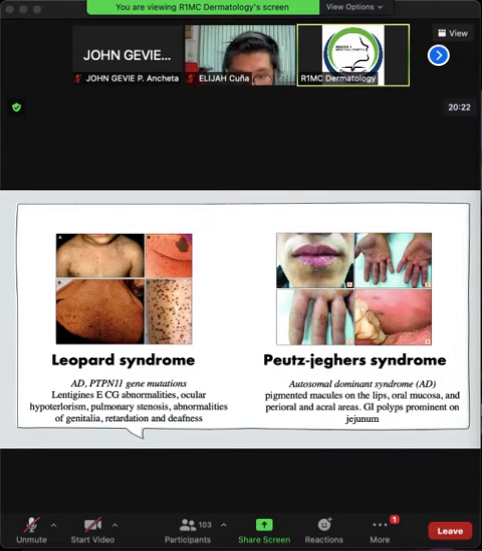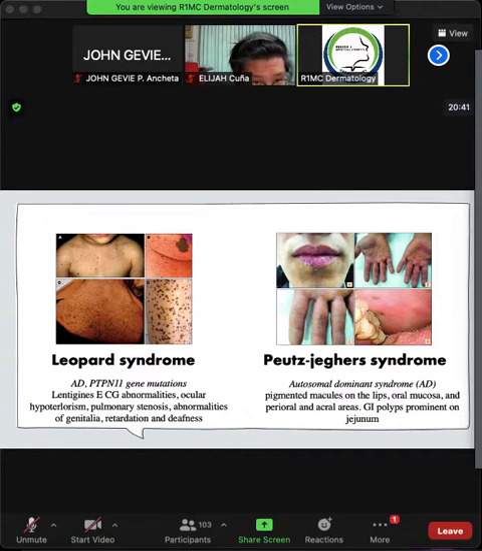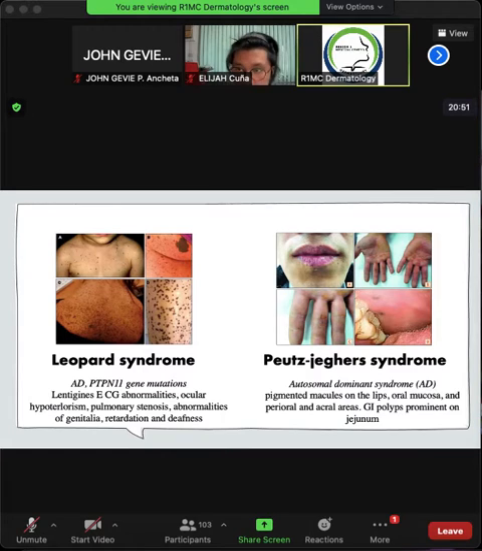So we have your lentigines, electrocardiographic abnormalities, ocular hypertelorism, pulmonary stenosis, abnormalities of your genitalia, retardation, and deafness. And it is associated with your PTPN11 gene mutations, which can also be seen in patients with Noonan syndrome.